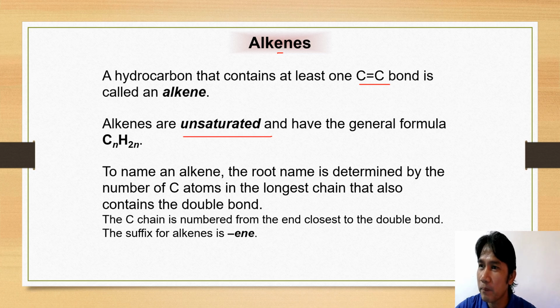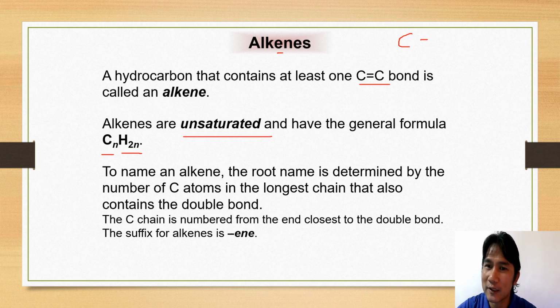Unsaturated meaning the carbon atoms are not yet saturated with hydrogen atoms. Okay? So the general formula of alkene is CnH2n. Remember, in alkane, there must be CnH2n plus 2.